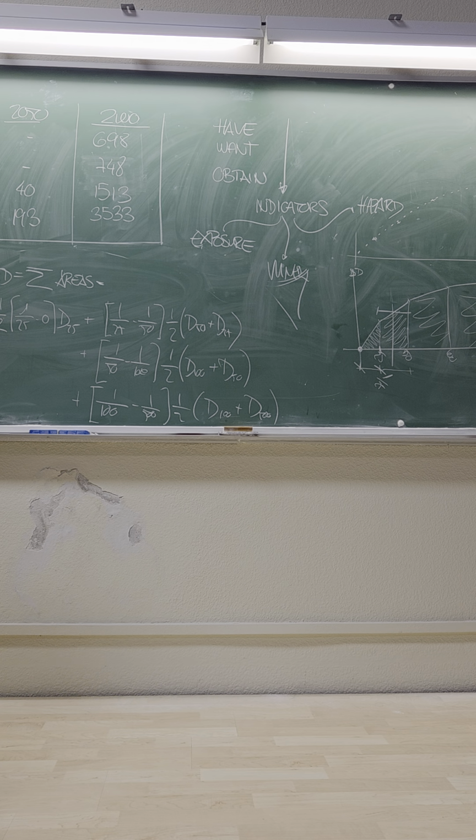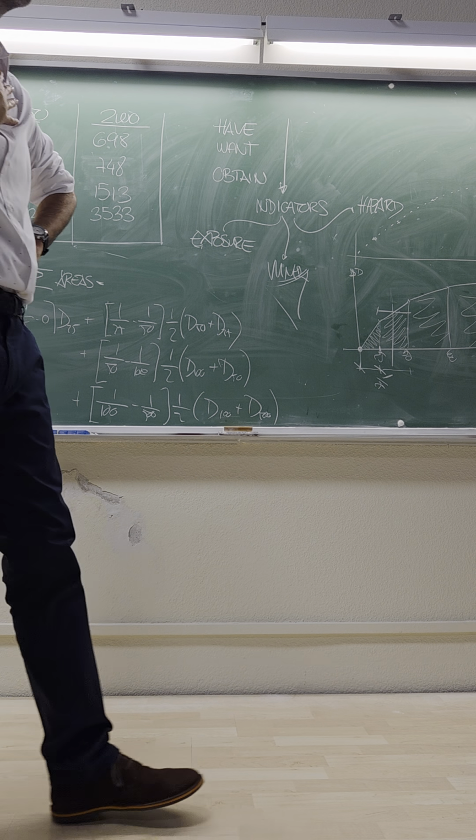So maybe you can make your mental map, or you can draw it and say, okay, for exposure I have this, and I can obtain an indicator based on this. For vulnerability, I don't know what I have. For the hazard, I have this, but I would like to introduce this and produce this. Okay?